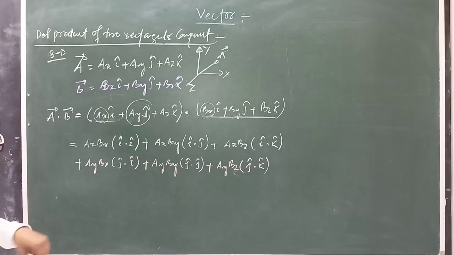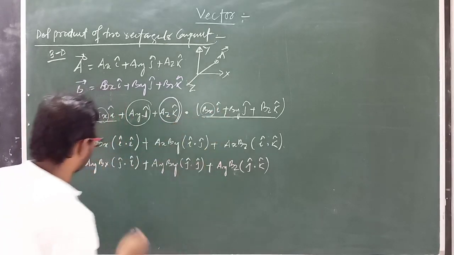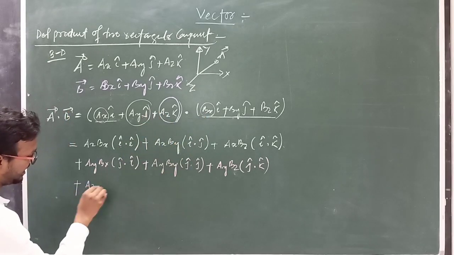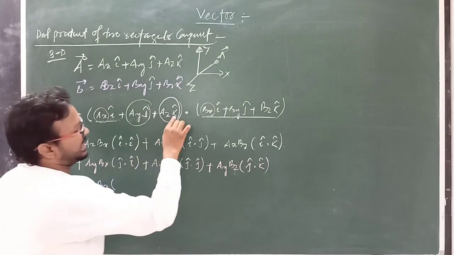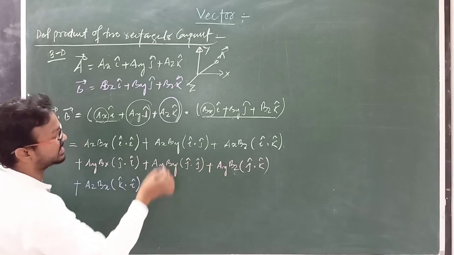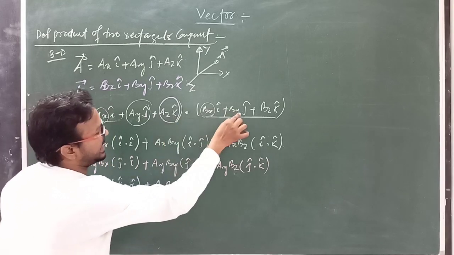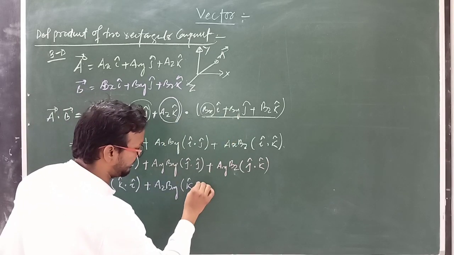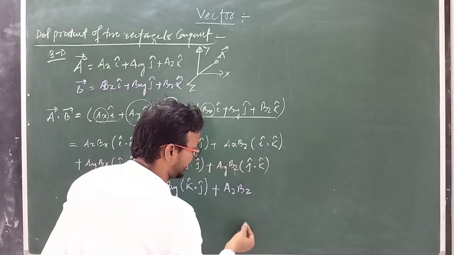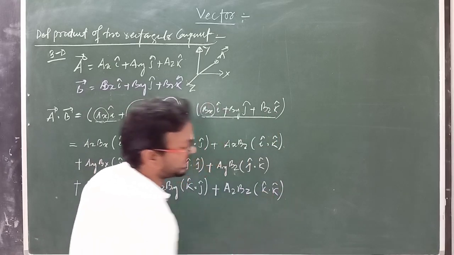Again last one term az k cap into bx i cap, so plus, because it is a positive sign, az bx k cap dot i cap, plus az by k cap dot j cap, plus az bz k cap dot k cap.